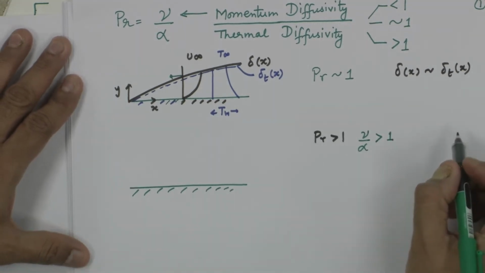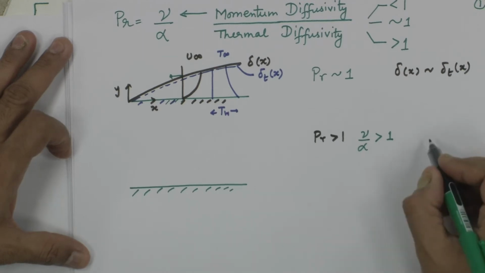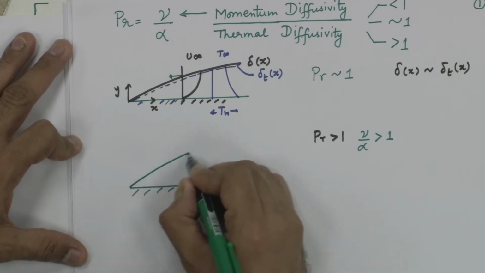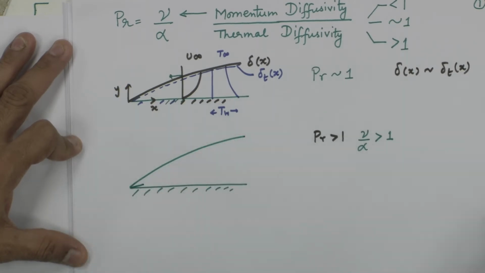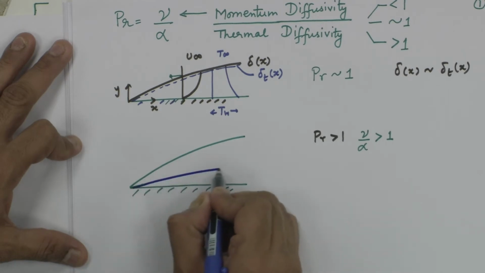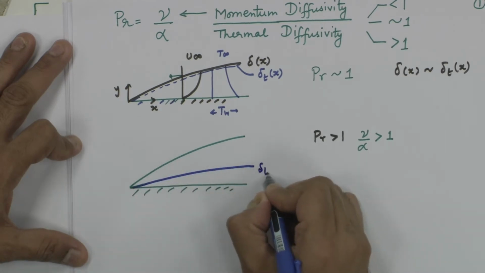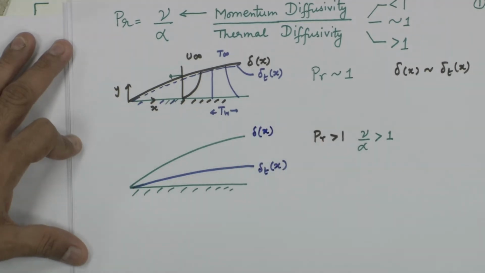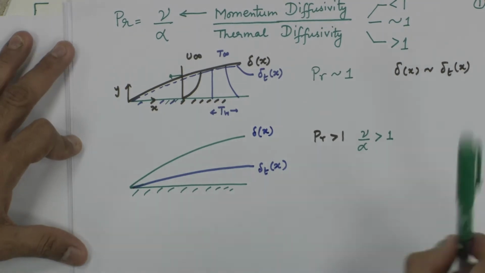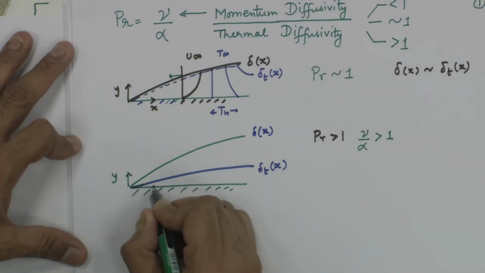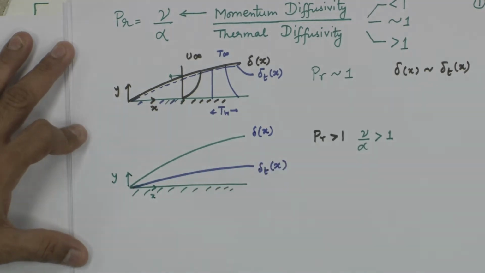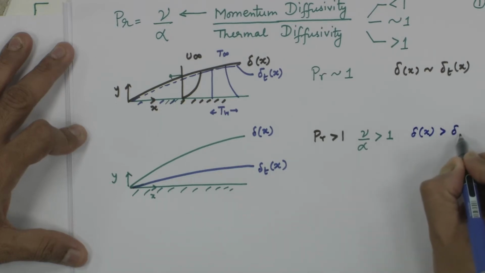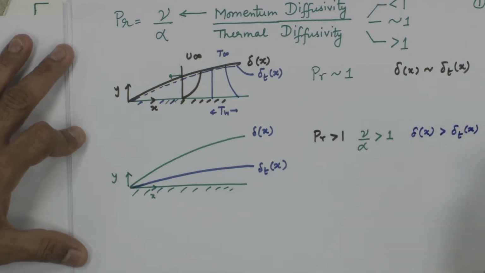That means the fluid would transport momentum much far away as opposed to transfer of heat. So, this is my y, this is my x, and what you are going to see is delta of x is going to be greater than delta t of x.